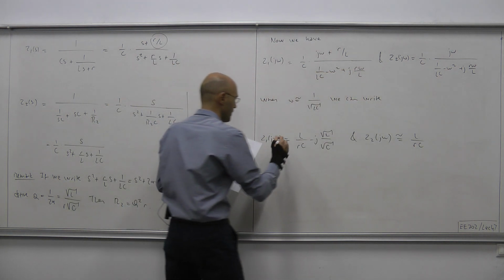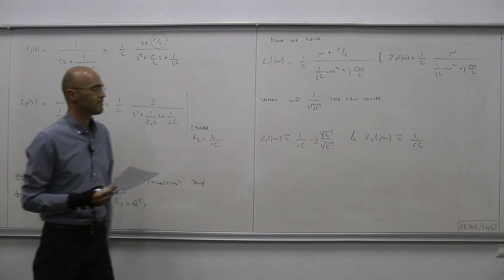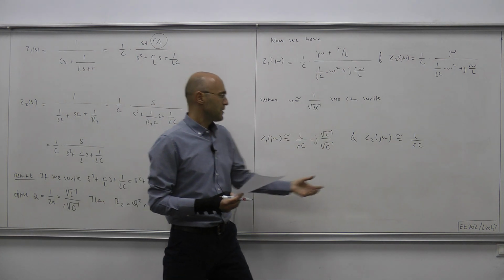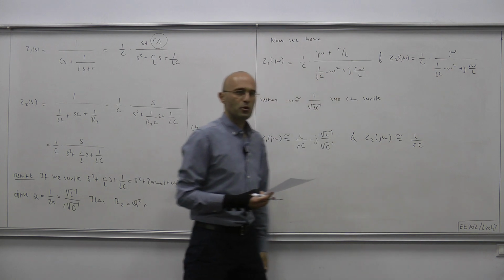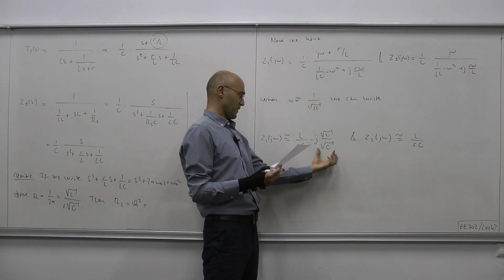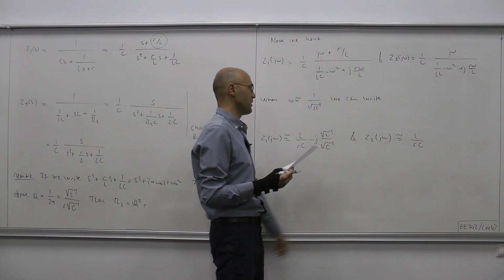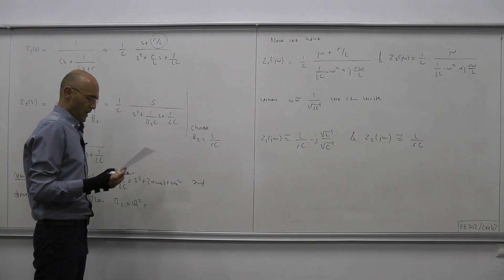So Z1 of j omega approximately equals that. Now, they're almost the same. Here this is almost purely real, and here we have some imaginary part.